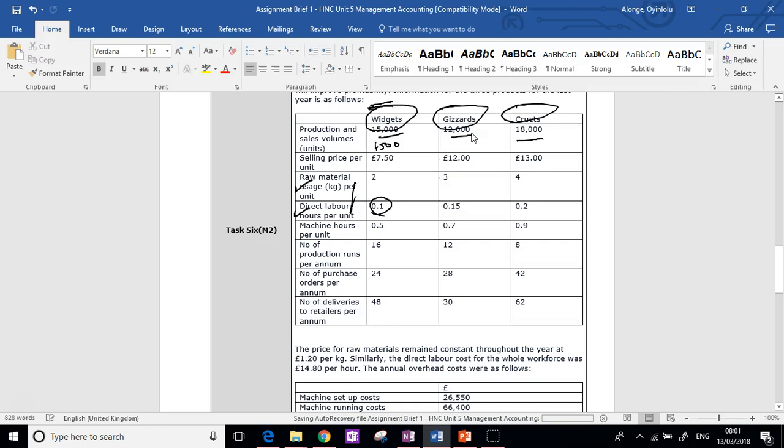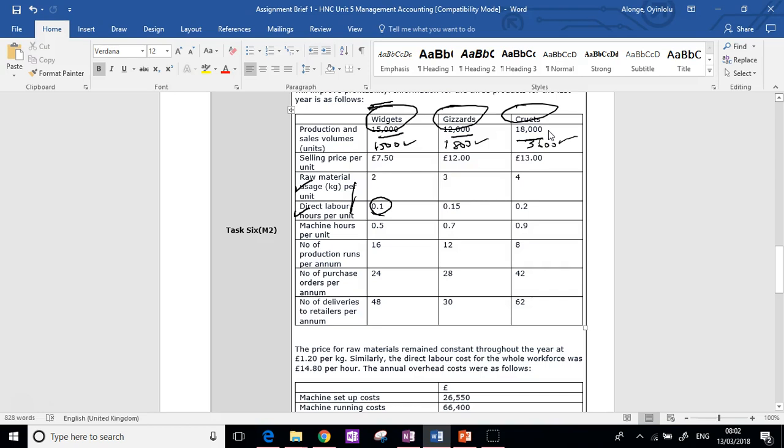Then for gizzards, if you have 0.15 labor hours per unit and 12,000 units, that's 0.15 times 12,000, so 1,800. And for cruets, 0.2 hours per unit and 18,000 units is 0.2 times 18,000, which gives you 3,600.